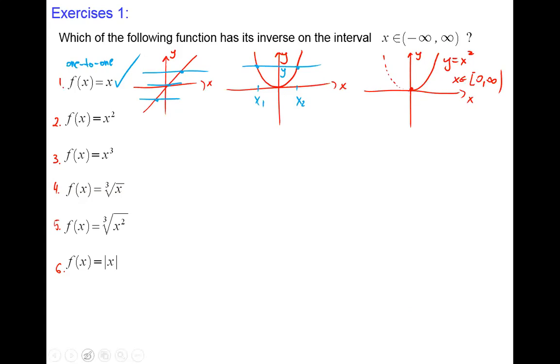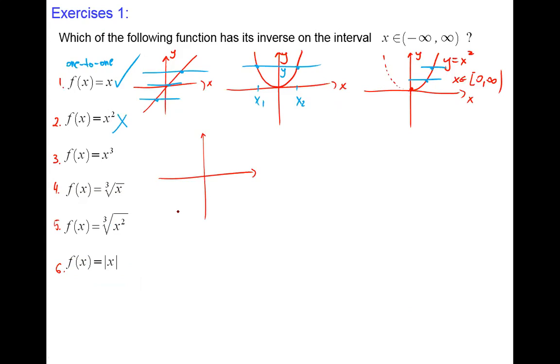This function is definitely one-to-one because it's just one intersection with the horizontal line. Okay, I can put no because I have to follow the main question. It's not one-to-one on the entire interval. Okay, what about x cubed?